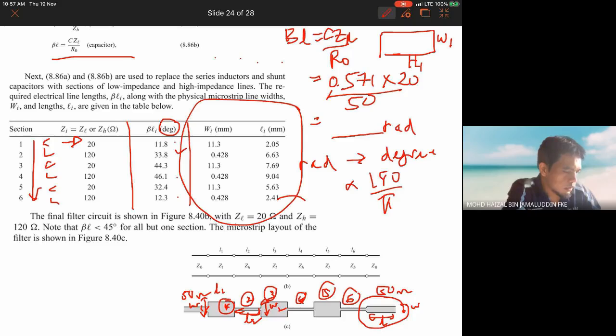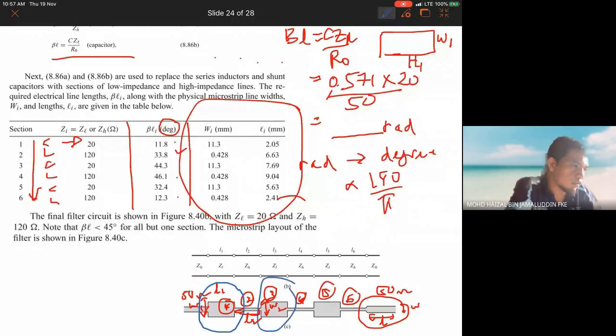Okay. So you can see from the layout, this is alternating the impedance from Z low, Z high, Z low, Z high, Z low, and Z high for the 6th section. And you can see that when you are using the Z low, the low impedance, the size of the layout is big, the blue one.